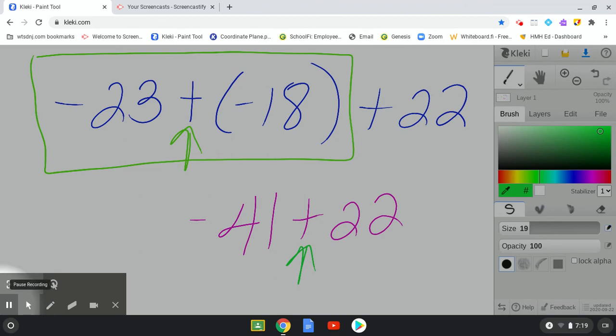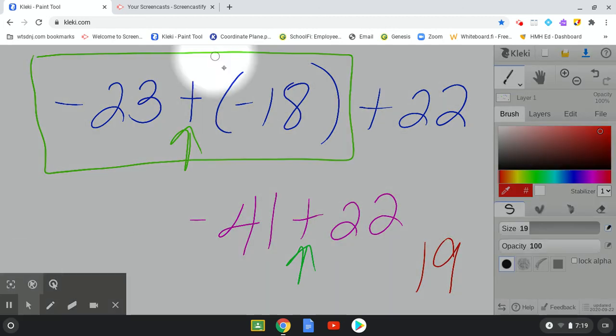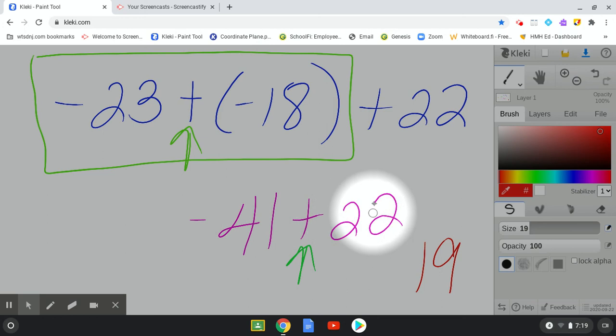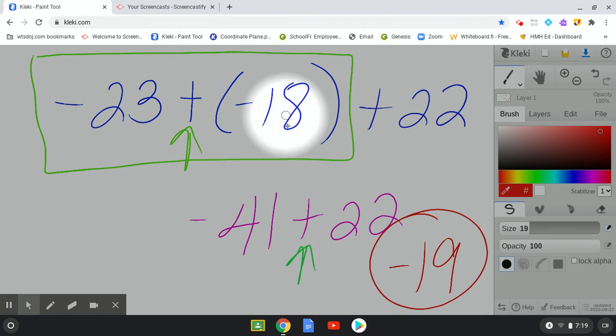All right, so 41 minus 22 gives me 19, and then take the sign of the bigger number. 41 is bigger than 22, and the 41 has a negative with it, so my final answer is negative 19. Okay, so you can still do this with more than 2 integers, just as we did here with 3 integers.